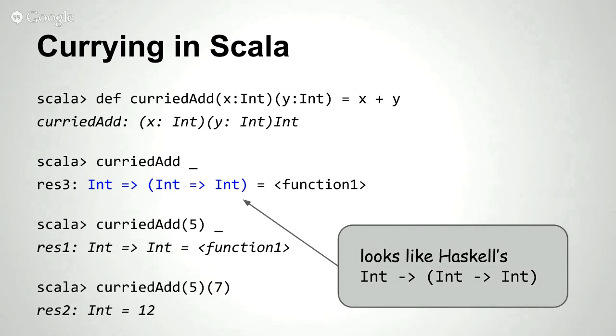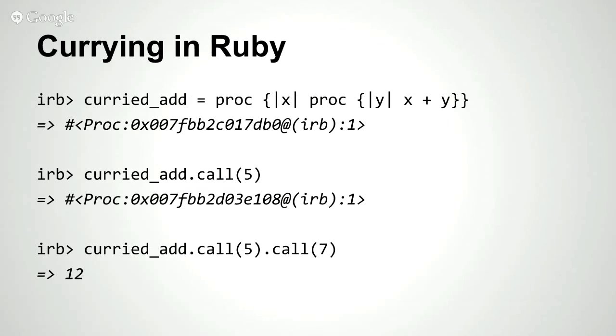This is Scala. Now, Scala doesn't generally use currying. They generally put all the parameters on one parameter list, but you can curry in Scala. And this is what it looks like. And in the case of Scala, they make the right associativity of the arrow type explicit. This is what it looks like in Ruby.